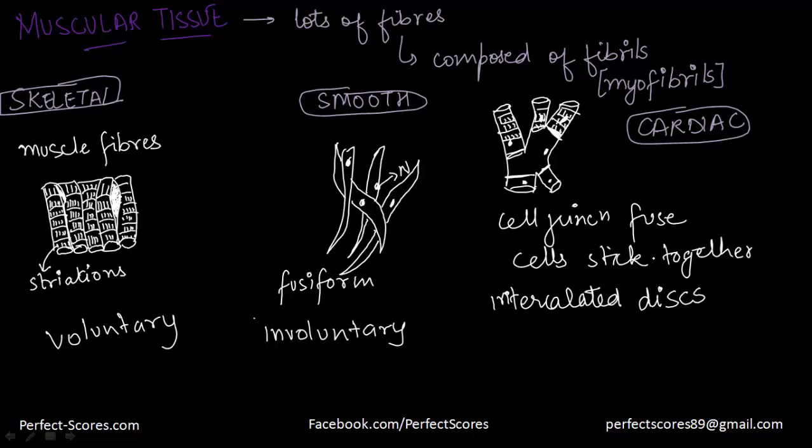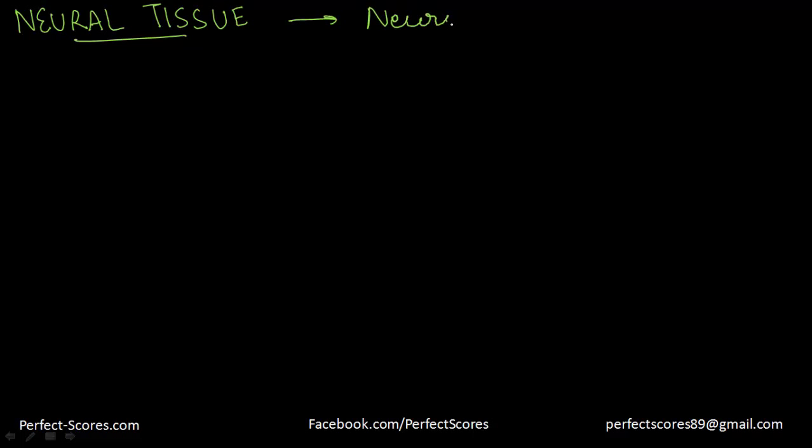The next kind of tissue that we need to cover, the fourth kind, is the neural tissue. Now, the neural tissue is present in the nervous system of the body that has the maximum control over the body's response and reaction to the changing environment. The unit of the neural system is a neuron, which is a nerve cell. Now, the neuron is very excitable. That means one little stimulation is enough to make it active.